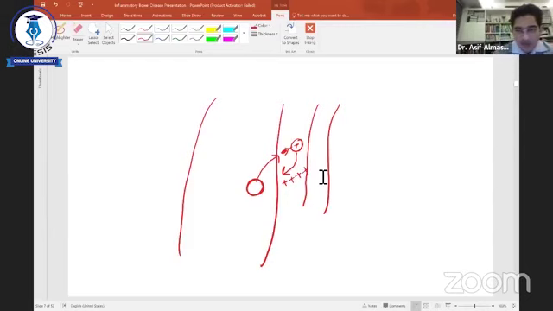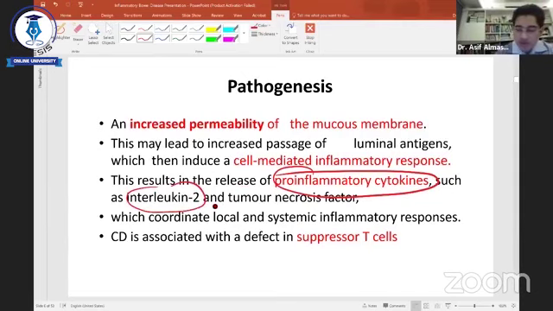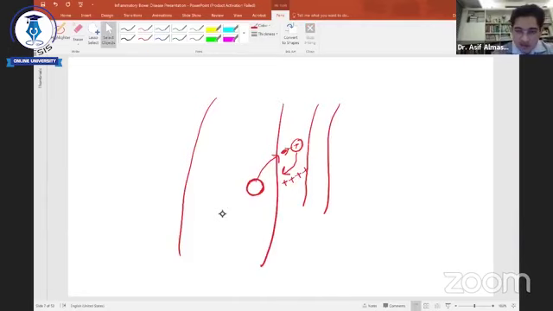If you look at this, it produces some pro-inflammatory cytokines, for example, interleukin-2 and tumor necrosis factors, which produce an uncontrolled inflammation, and as a result may destroy the wall.